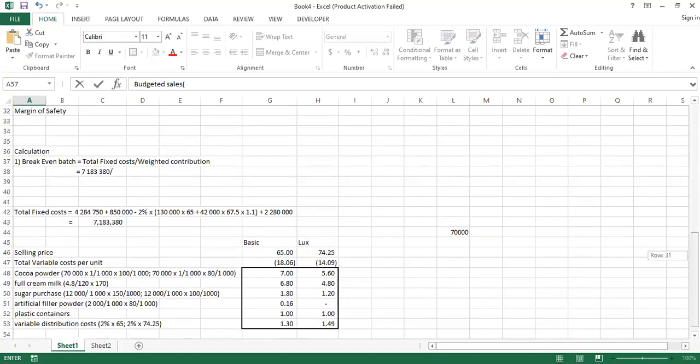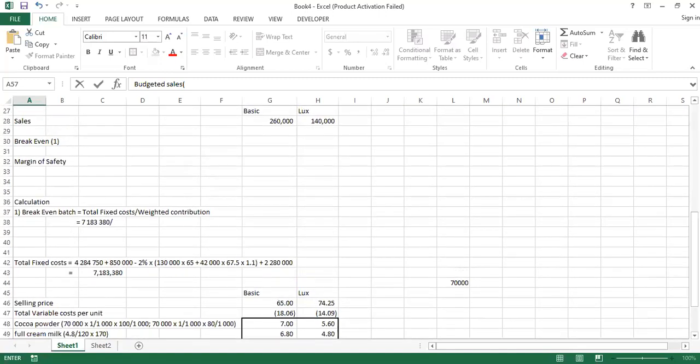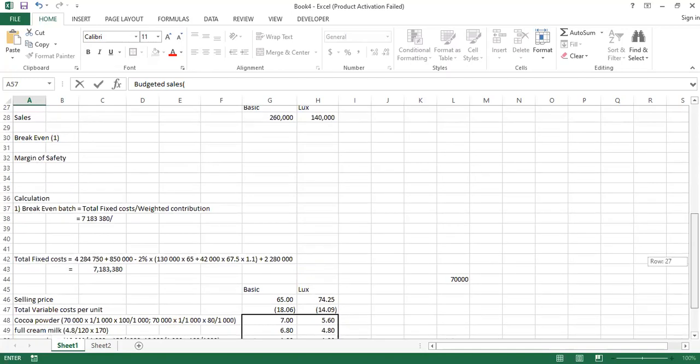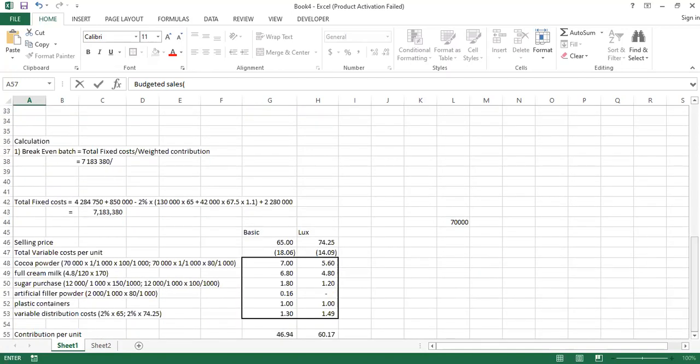A sales mix is about what is sold. In this instance, our sales coincide with our production, so it's going to be the same. But pay attention in instances where your budgeted production is not the same as your budgeted sales. Always go for the budgeted sales.